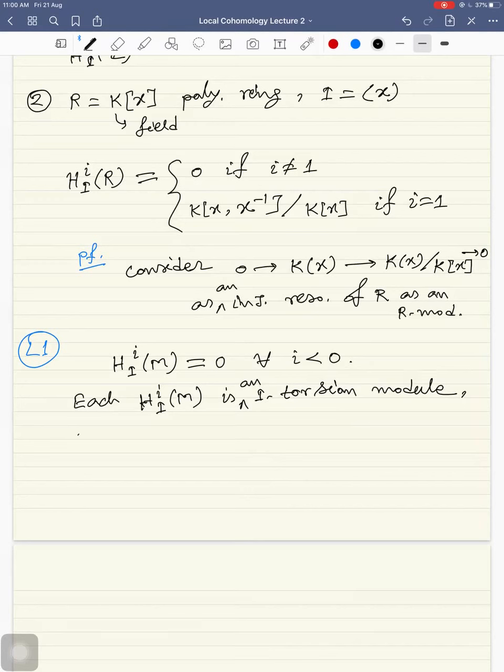That is, its I-torsion part, gamma I of H^i_I(M), is just the whole thing. That means each element of that ith local cohomology module of M with respect to I is annihilated by some power of I. And this is true for all i.